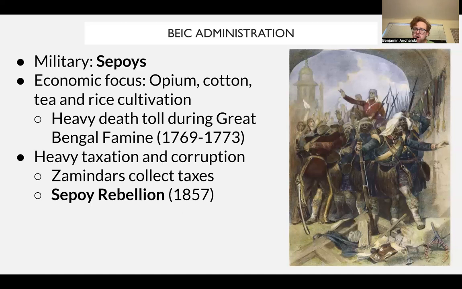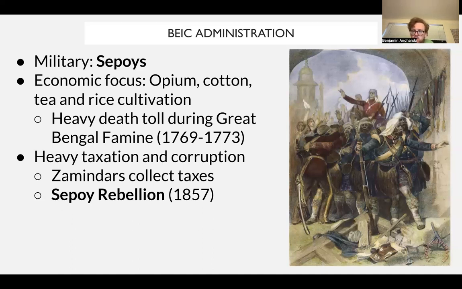The immediate cause of it is a little disturbing and very sacrilegious, unfortunately. The British East India Company, wanting to make their bullets and ammunition more efficient, had the white officers tell their sepoy ranks to dip their bullets in cow or pig fat, which is especially religiously taboo for Hindus and Muslims.